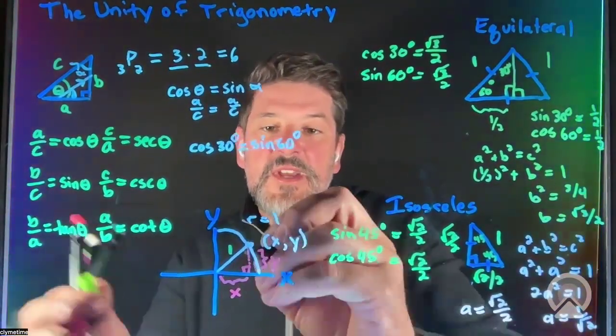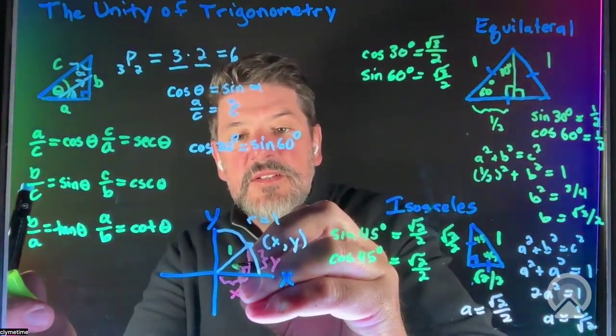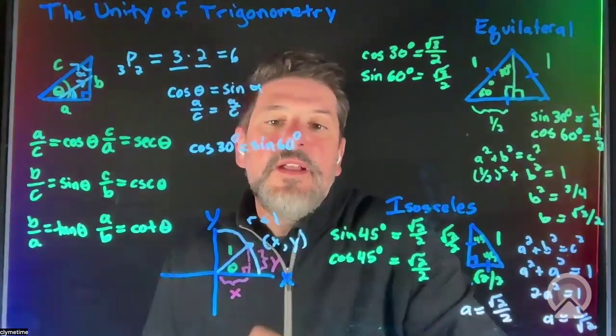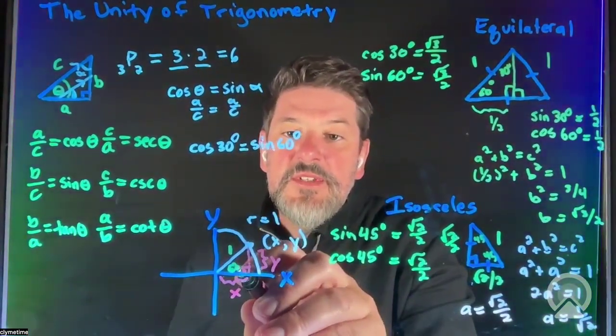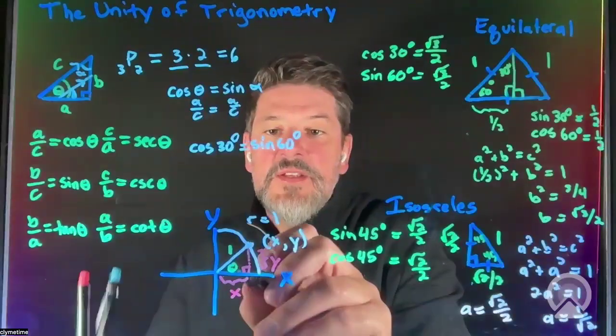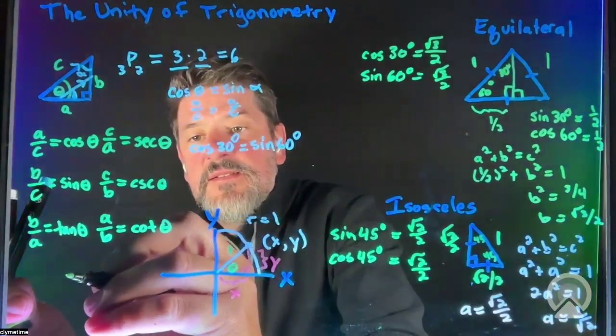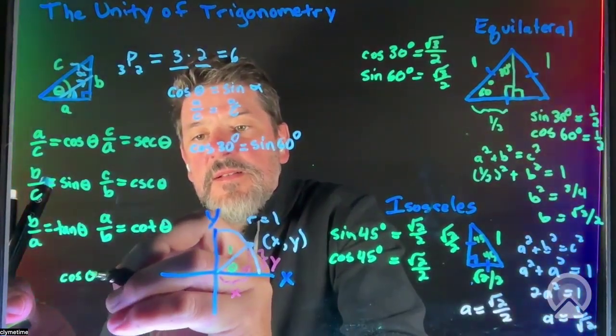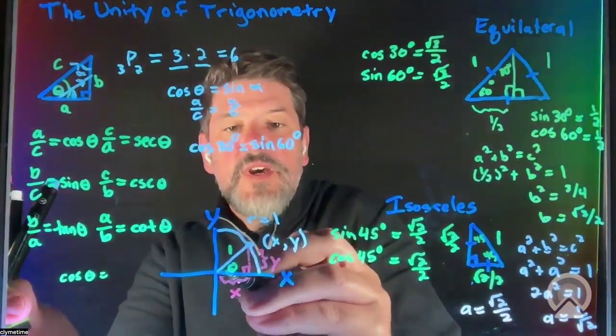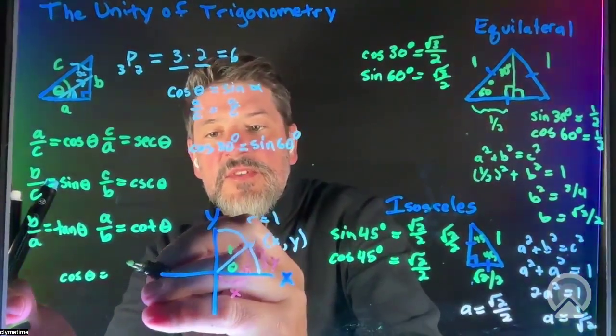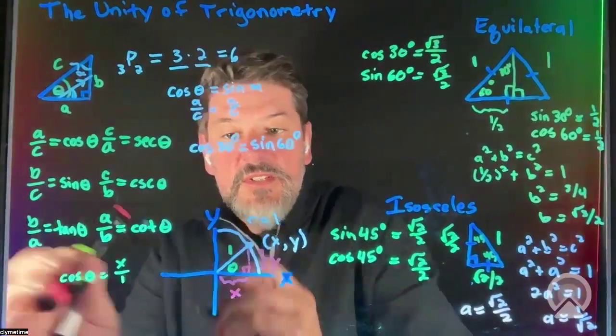And depending on my angle here, I don't know the angle, so I'll just call it theta for now. Depending on my angle determines what x and y are. So if I take the cosine of theta, it's going to equal my adjacent over my hypotenuse, which is x over 1, which is x.